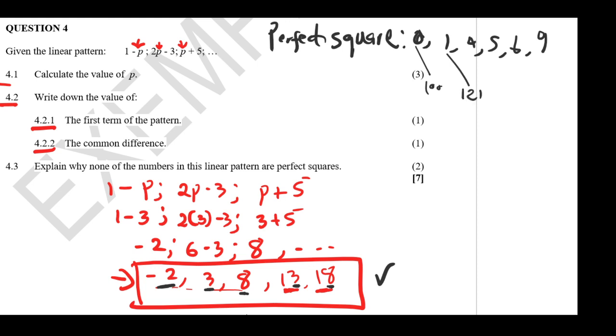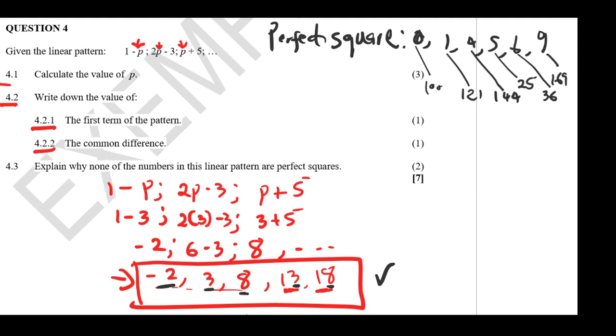The square root of 121 is 11. Here it can be 144. I'm just literally taking numbers. Here it can be 25, right? The square root of 25 is 5. Here it can be 36, right? Here it can be what? It can be 169, which is 13, right?